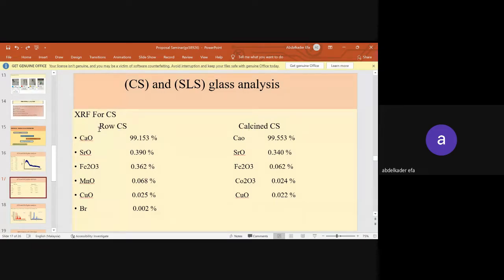For raw material, the major element composition obtained is calcium, while the rest are other trace elements such as Fe, Cu, Sc, and Sr. The amount of calcium indicates around 88 weight percent.